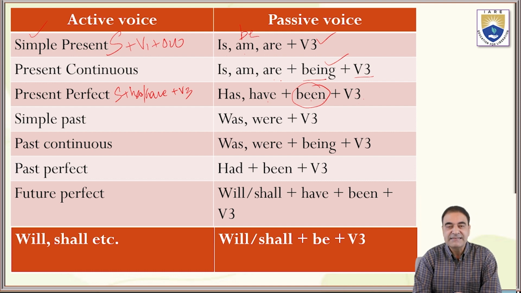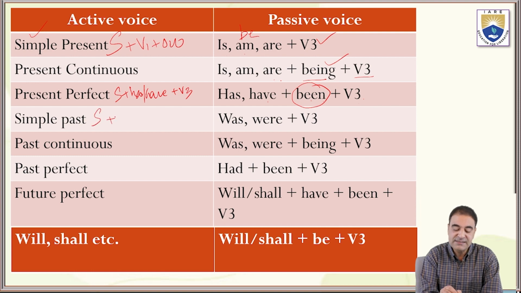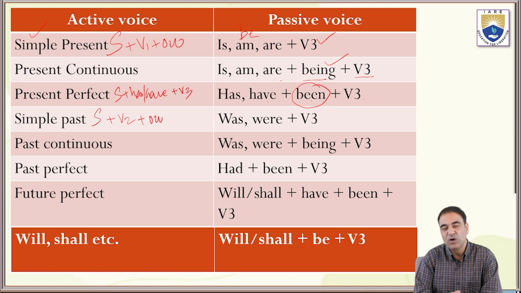Then we have the next tense, that is simple past. And the structure for simple past is subject plus verb in second form plus other words. It will change into be forms of verb plus verb in third form. But be forms of verb must be in past tense, like here, was, were, plus verb in third form.